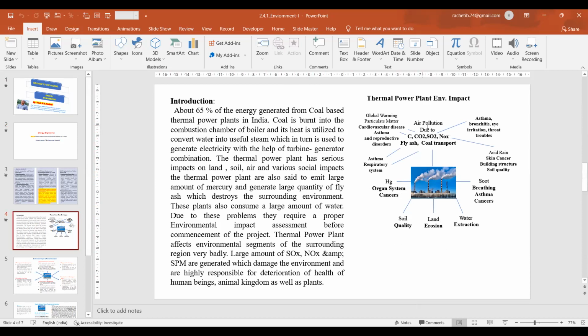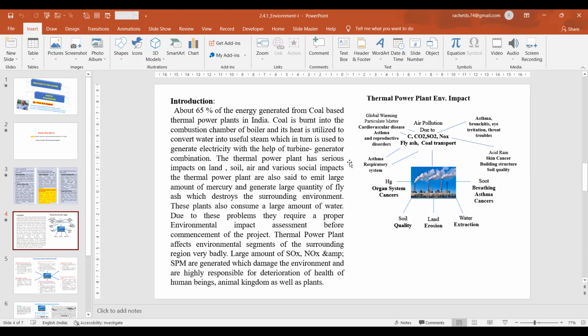The first is air pollution, second is soil quality deteriorates, land erosion, water extraction is more, soot problems, acid rain, and air pollution. So these are all the outcomes of thermal power plants or some of the other power plants also.